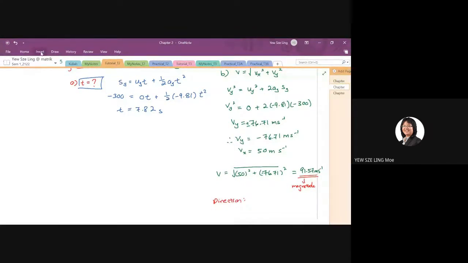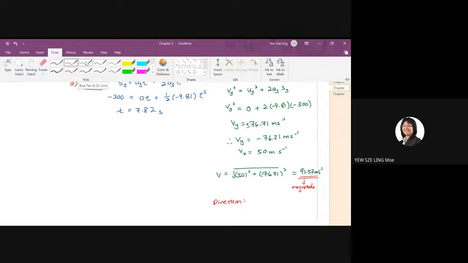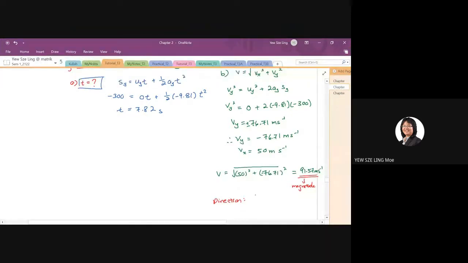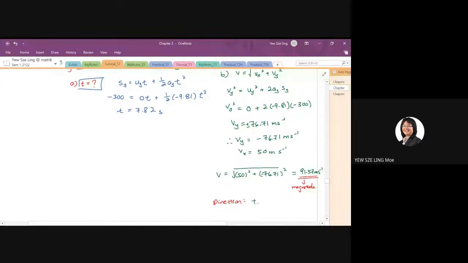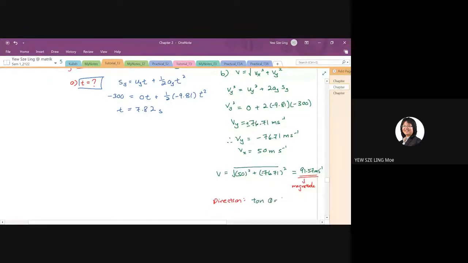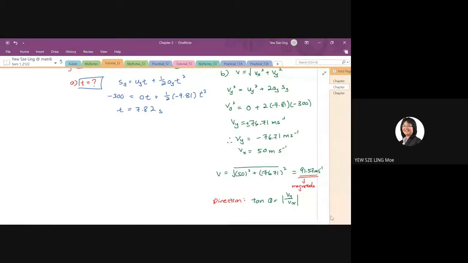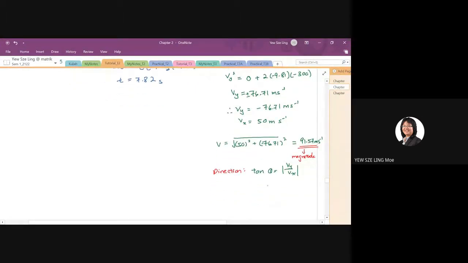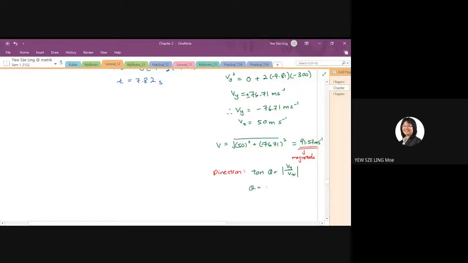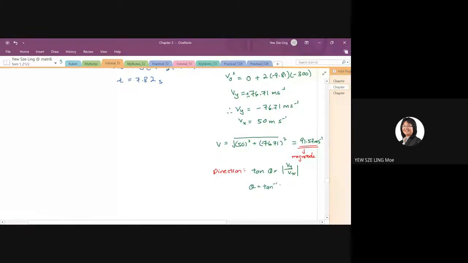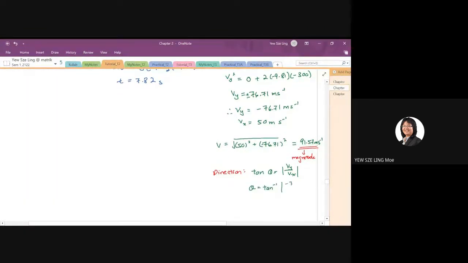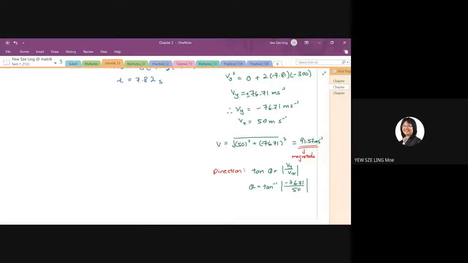So how to calculate direction? Same as the method that you use to calculate the resultant vector. So tangent theta equals Vy over Vx. I put a modulus here. And then theta equals tangent negative 1 of 76.71 over 50. All right.